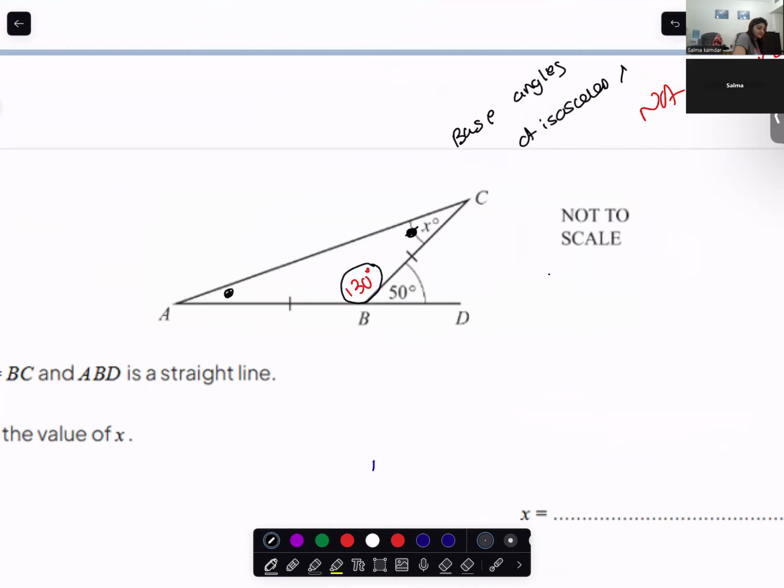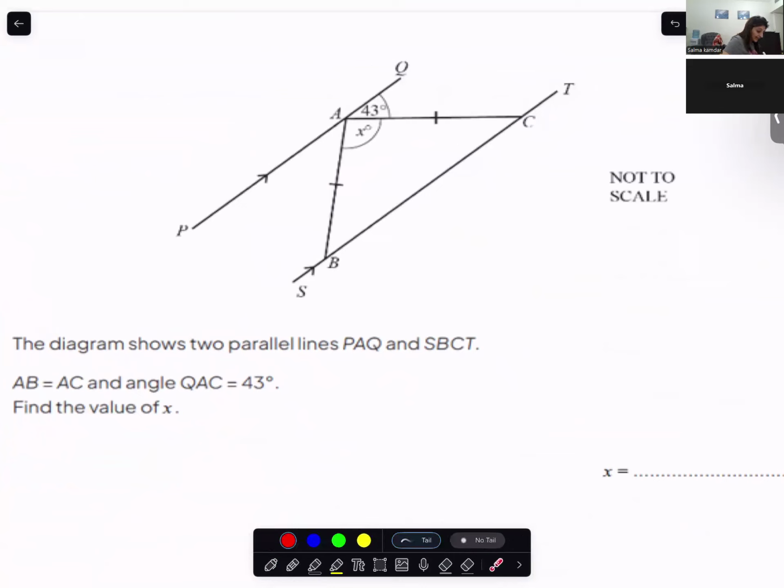Okay. And how do you write the properties? You need to write these properties to solve. But more importantly, you should be able to solve. Come on over here. We have two parallel lines and I have to find x.